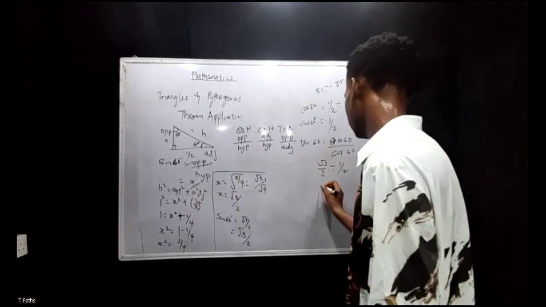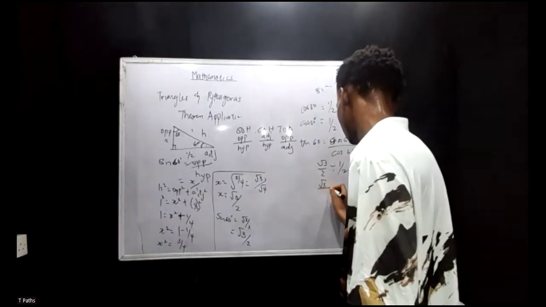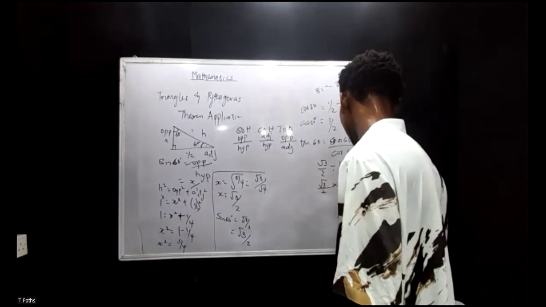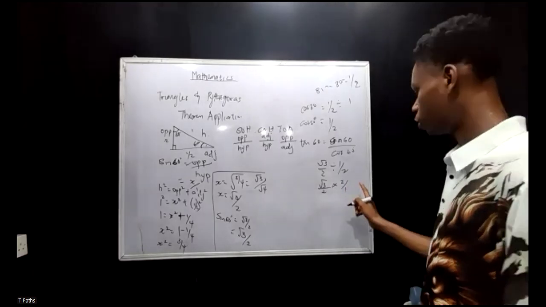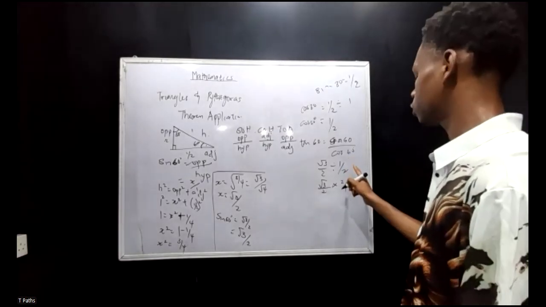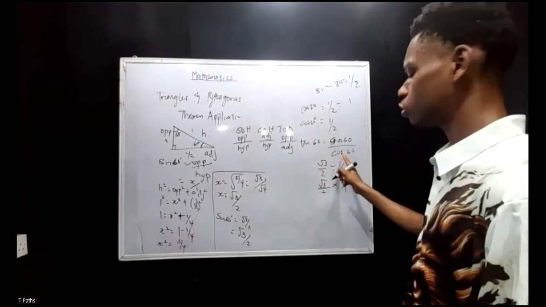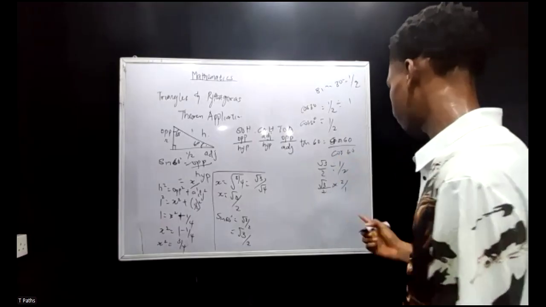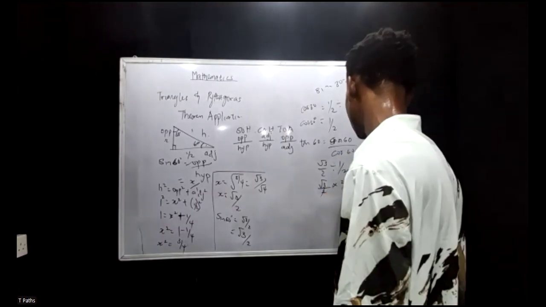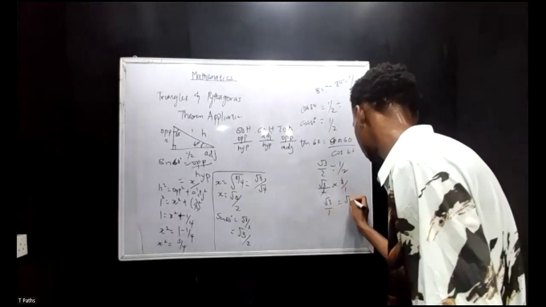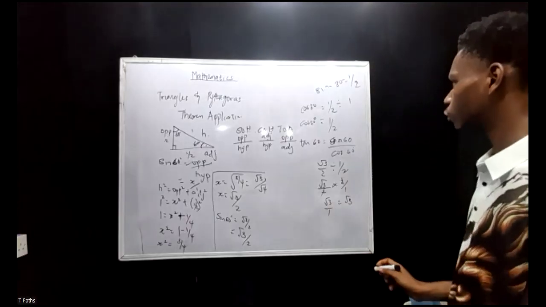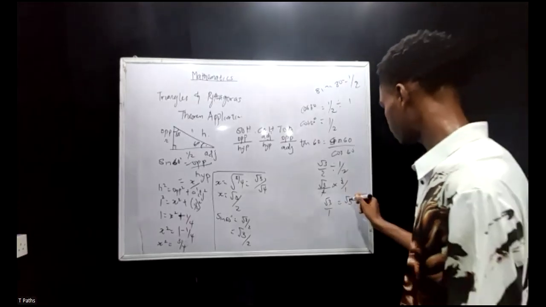So here I can first multiply. I have root 3 over 2 times 2 over 1. The denominator becomes the numerator and the numerator becomes the denominator. So now 2 can cancel out 2, and I have root 3 over 1, which is the same as root 3. If you check it on your calculator, you'll find out that the value of tan 60 degrees is root 3.